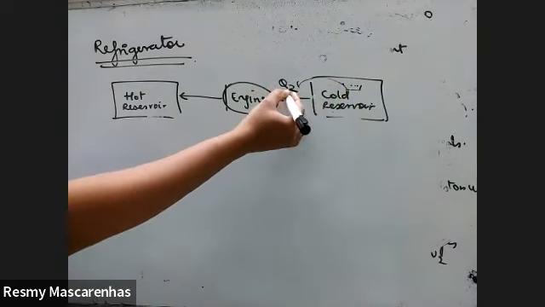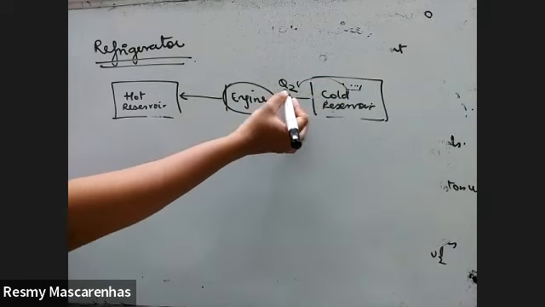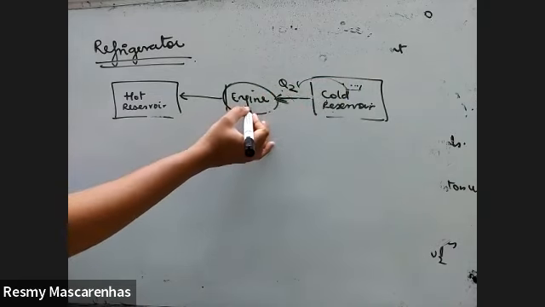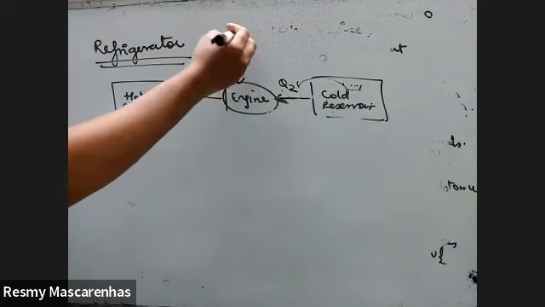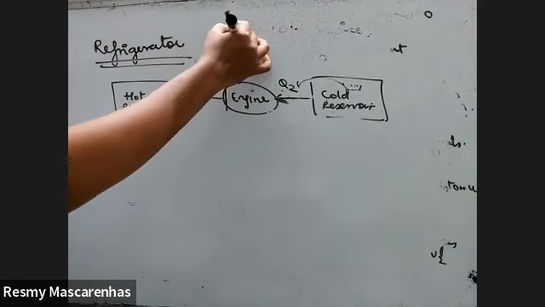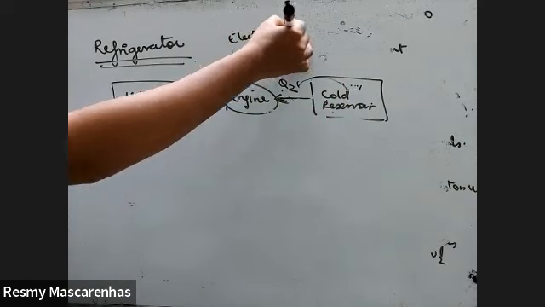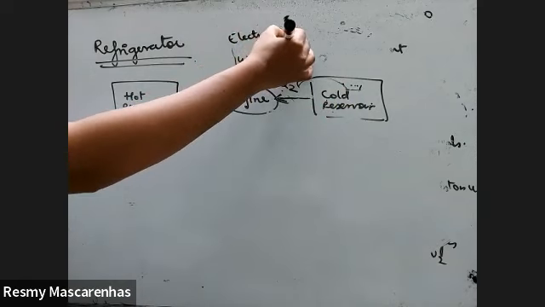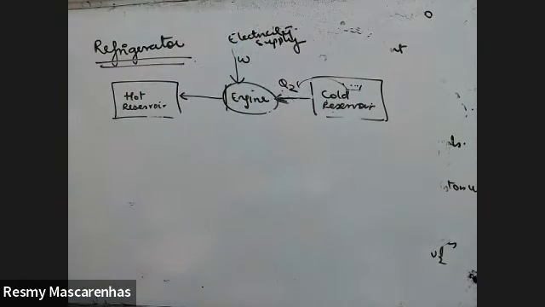Okay, but the only thing is it's going in reverse. Now this heat from the food is not able to drive the engine. So what do you need? You need extra outer work, which is nothing but the electricity. So you need this work also for the engine to move.